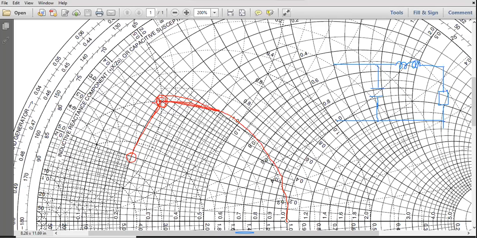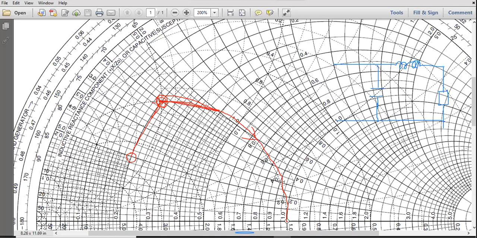So what will be the reactance part? This real part is 1. So the susceptance part, here it is 2. Are you getting? Here it is 2. So whatever the value of this susceptance is 2, and what is the value of susceptance here? 0. So that's why it is 2 minus 0. Are you getting this? Is it clear?